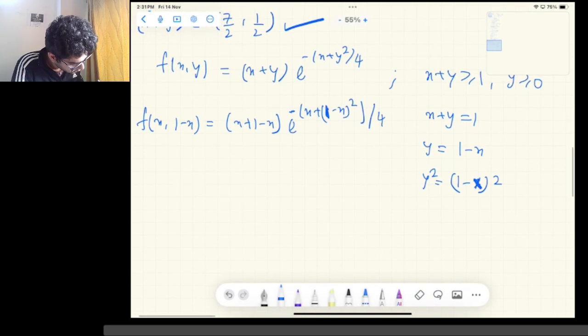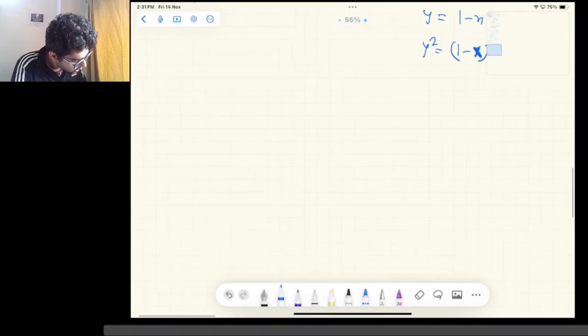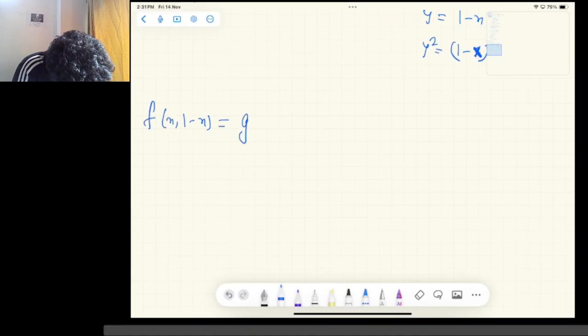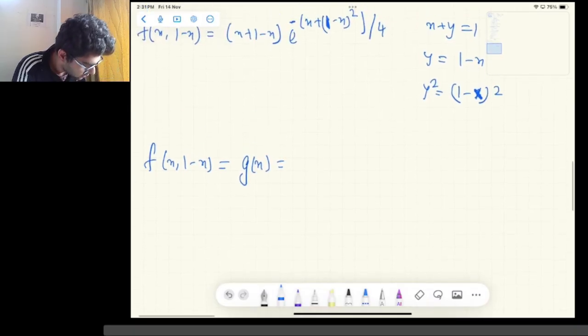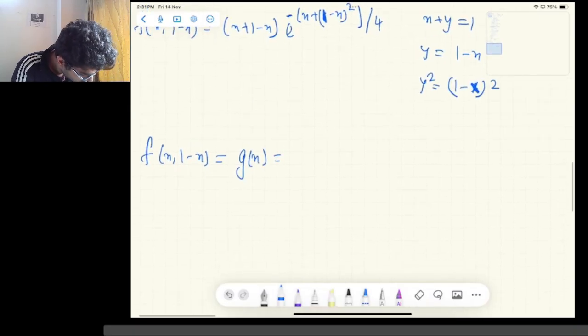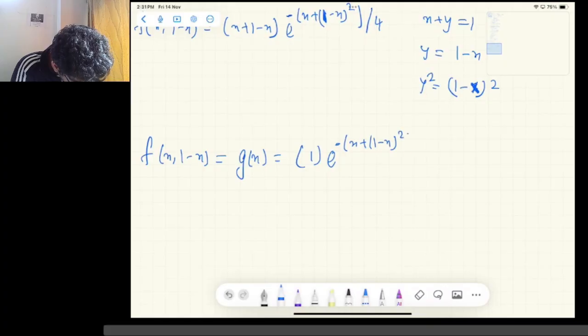So I can name this function f(x, 1 minus x) as g of x, a single variable function with only x as the variable. So x and x go away, so I'll be left with 1 here, e to the power minus x plus 1 minus x whole square divided by 4.